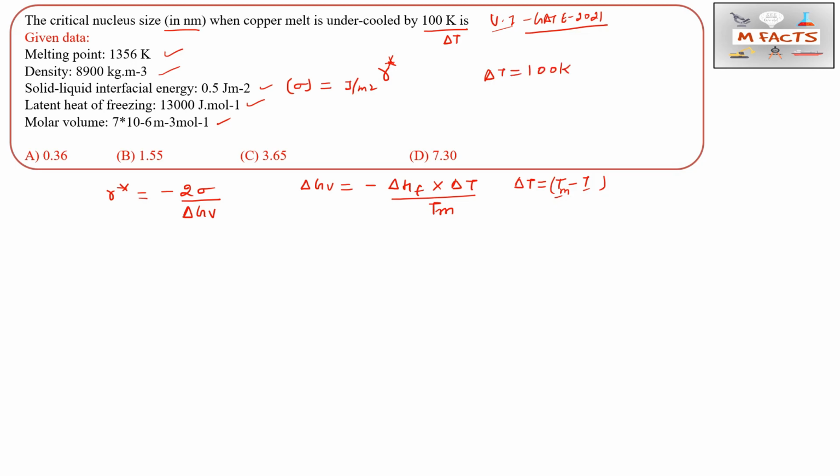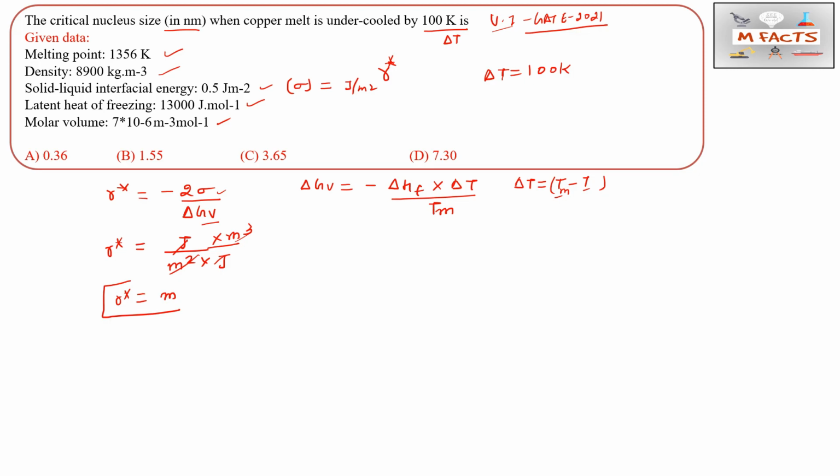Now let me tell you the units of these quantities. Sigma has units of joule per meter square, and delta GV, the volume free energy per unit volume, should be in joule per meter cube. Then the joule cancels, the meter square cancels, and you get R in meters.